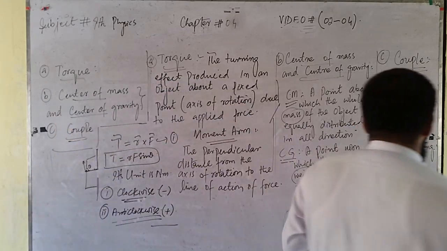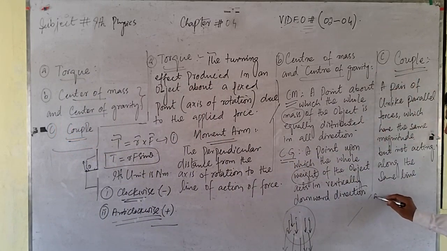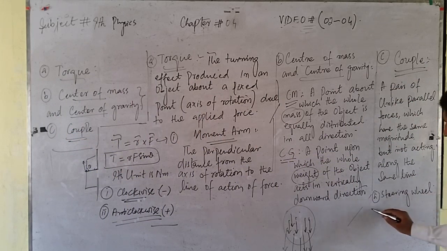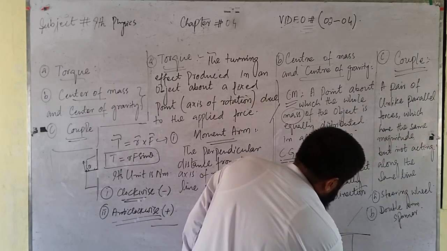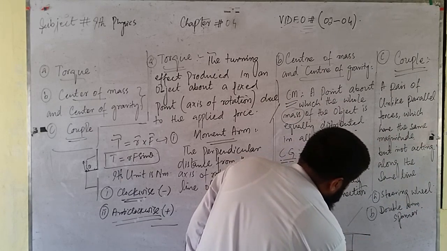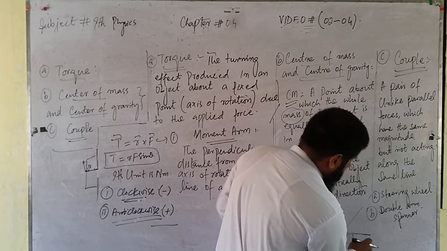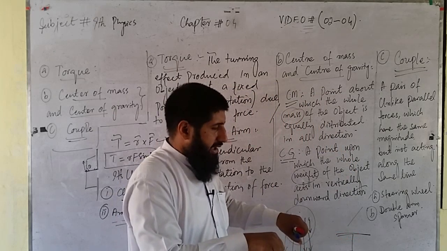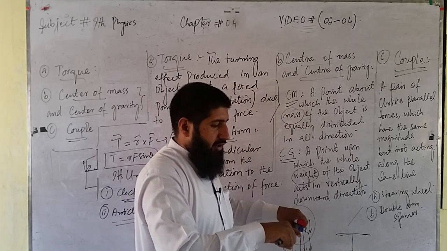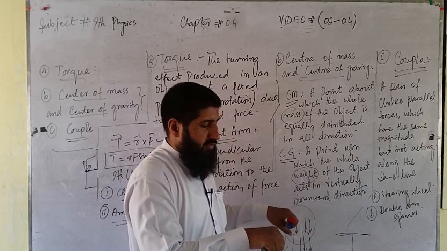The best examples of couple forces are the steering wheel and the double arm spanner. With a double arm spanner, a person who wants to untie a nut will exert two forces with the help of his two hands.